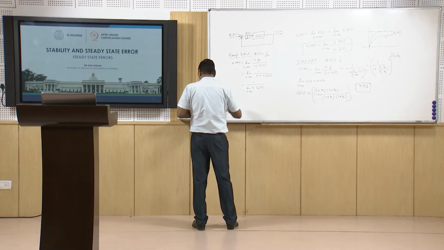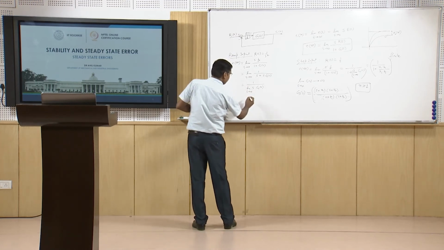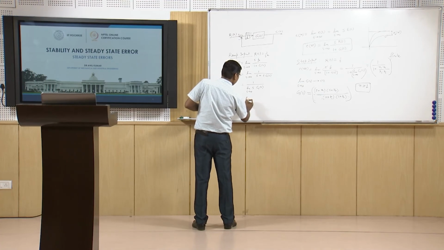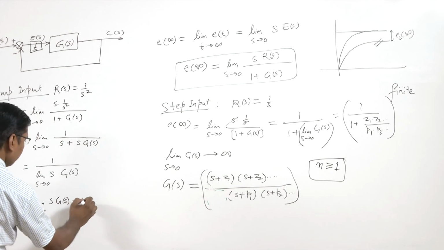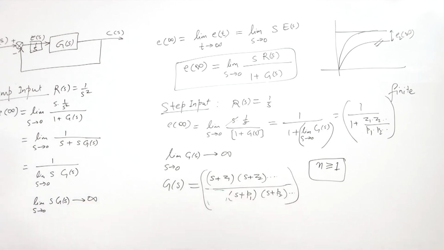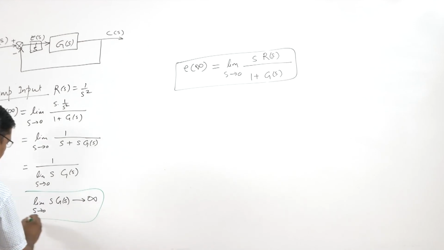Now to have zero steady state error, the limit s tends to 0 of sG(s) should tend to infinity.